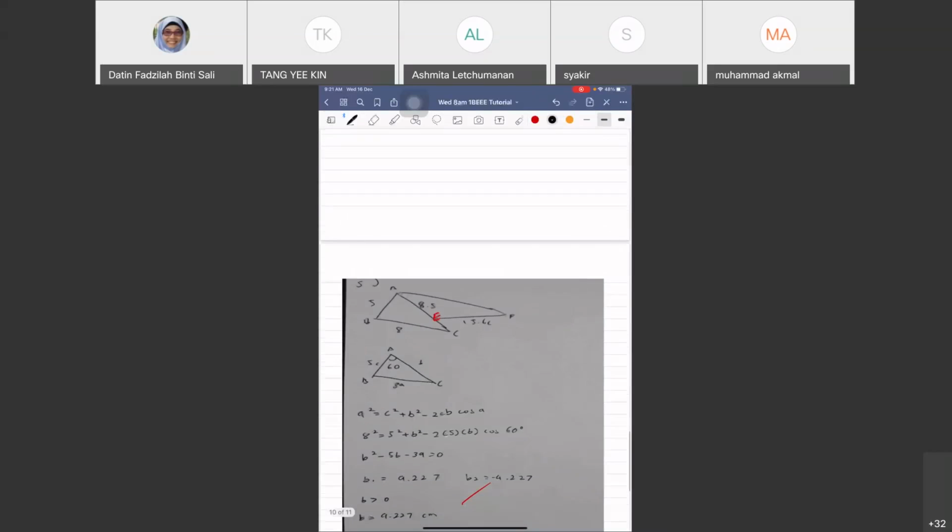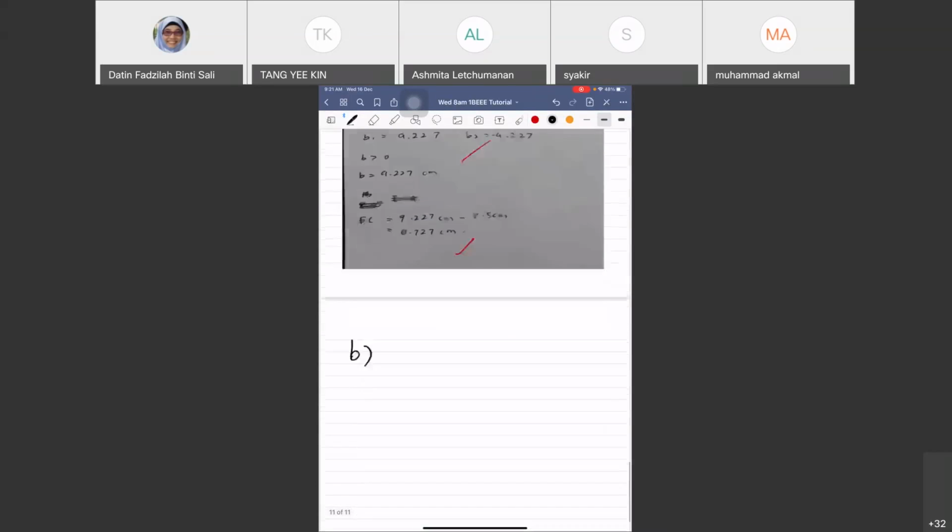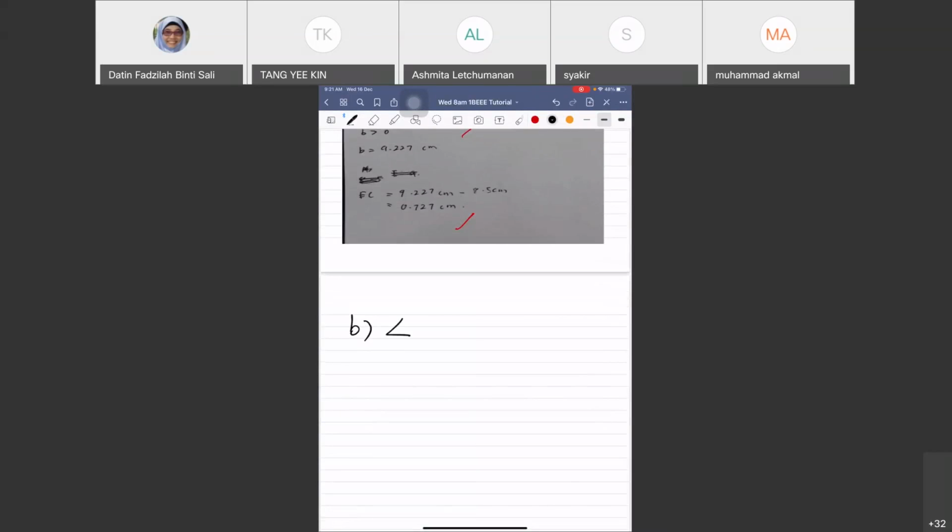This is question 5A. For part B, you want to find the angle AED if the area of AED is 54 centimeter squared.